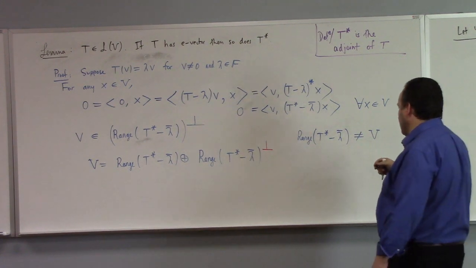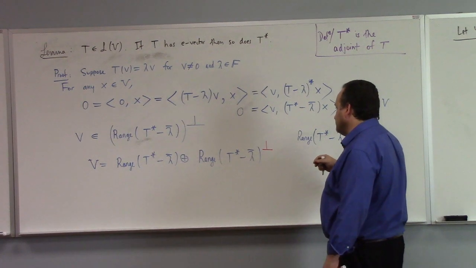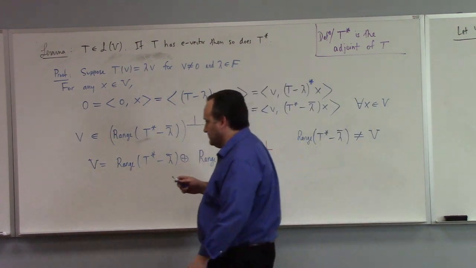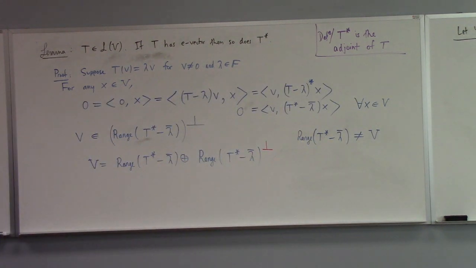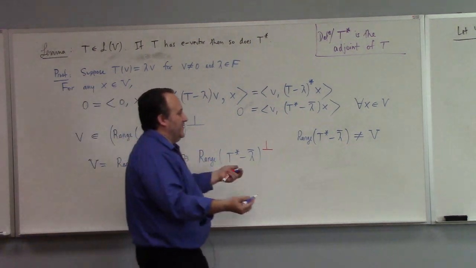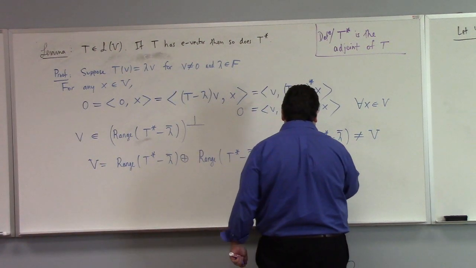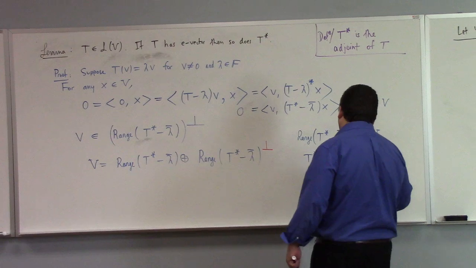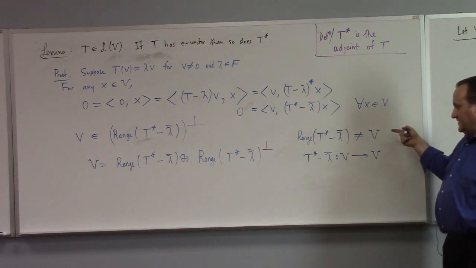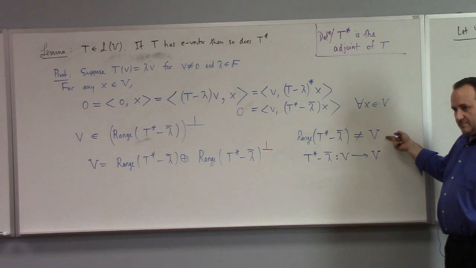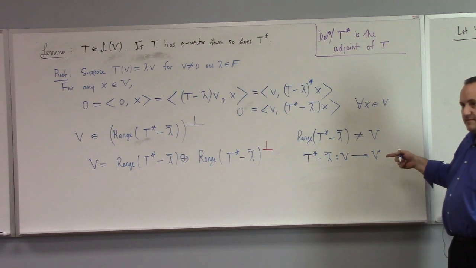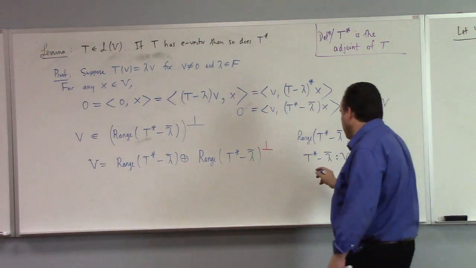But what does that mean? What kind of operator is this? It's a linear transformation from V to V. So if it's not onto, that also means it's not one-to-one, which means that its kernel is non-zero.